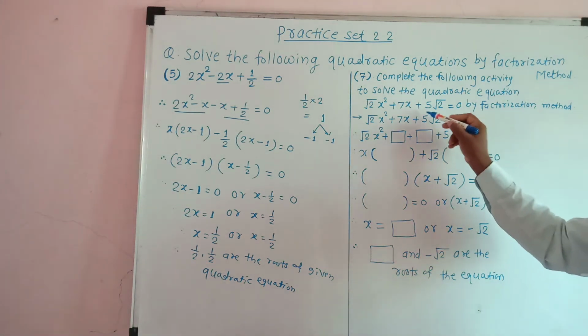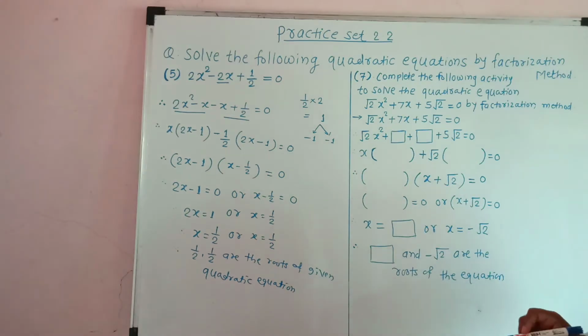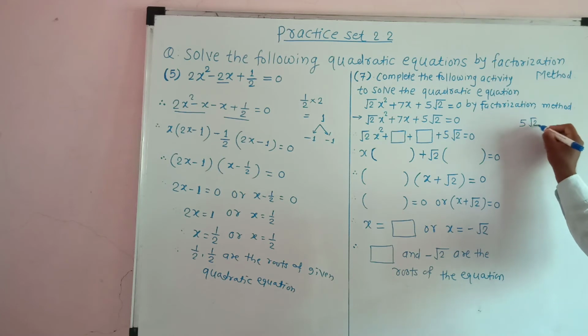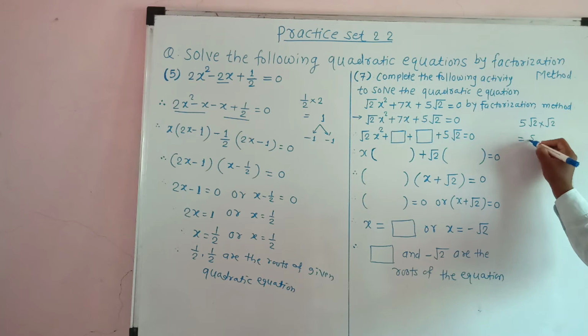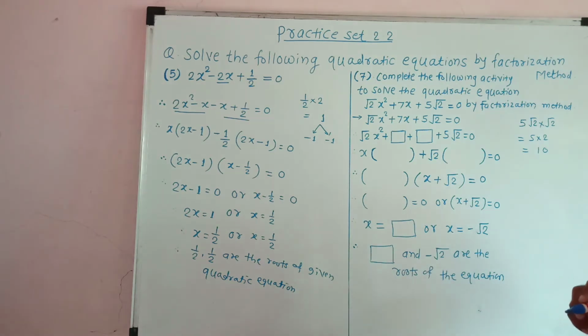Now multiply 5 root 2, the constant term, and the coefficient of x square, root 2. If we multiply 5 root 2 into this root 2, then we get 5 into root 2 times root 2, which is 2, is equal to 10. We get 10.